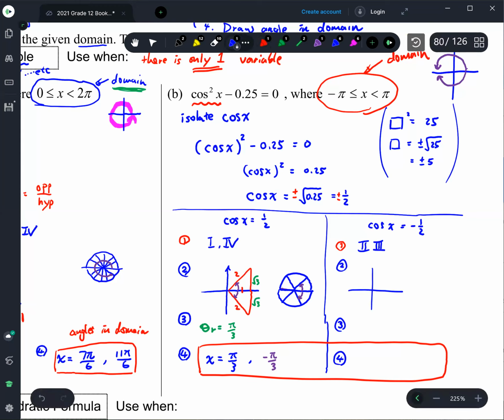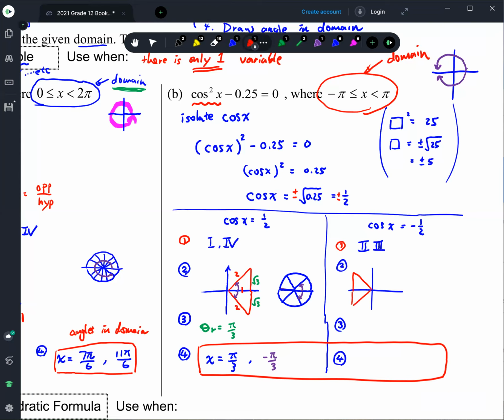Quadrant 2, quadrant 3, 2 here, quadrant 3 here. Reference angle is the same, okay?